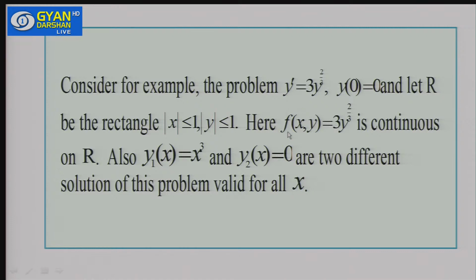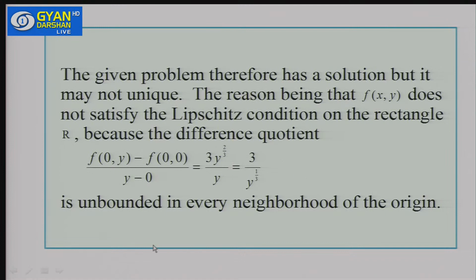Here f of x, y is 3 y to the power 2 by 3. That means this equation has two different solutions, not unique, because this function doesn't satisfy the Lipschitz condition. So a unique solution is not guaranteed if you drop this. But sometimes it happens that the Lipschitz condition isn't satisfied and you still get a unique solution, as this condition is sufficient but not necessary. So we have shown this function is not satisfying the Lipschitz condition.